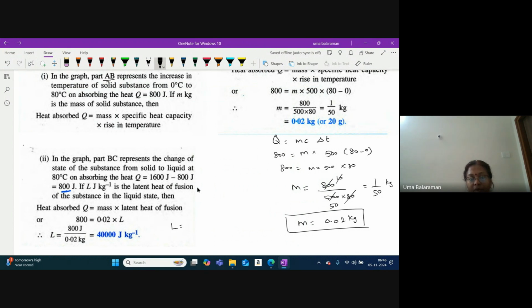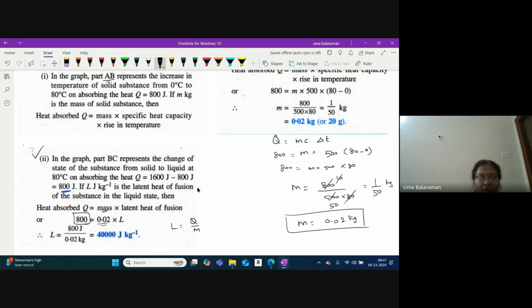L is equal to Q by M. Formula for B part, whenever there is phase change. So heat energy absorbed is 800 from the graph. Mass of the substance is 0.02 from part 1. So you can calculate what is the latent heat of fusion.